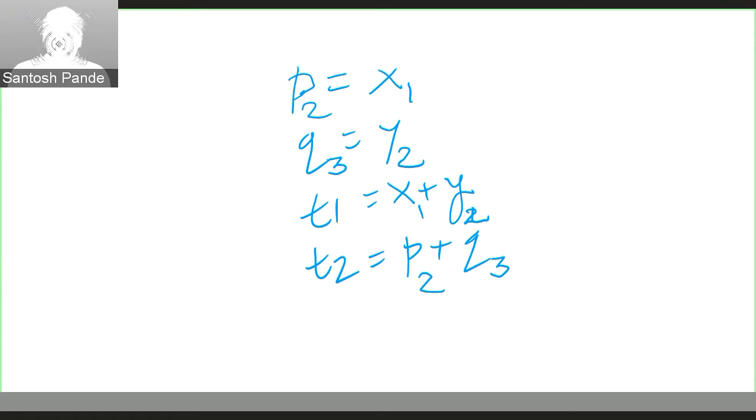Okay. So now what we do is we build some nodes here which are carrying the operands or operators. And we will label them as per the equivalence that we are seeing.